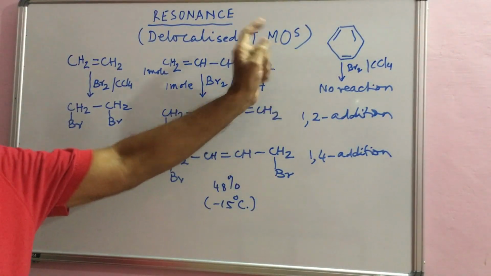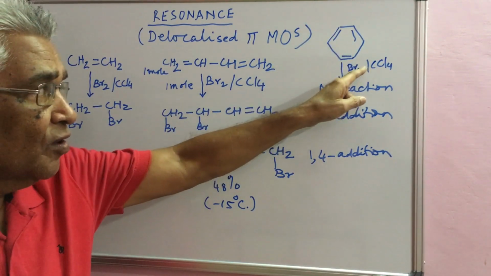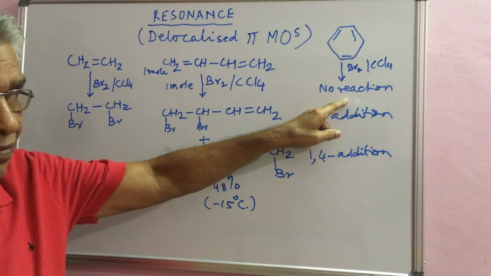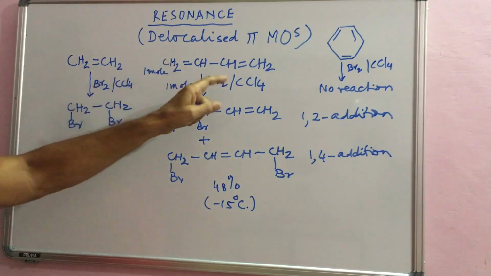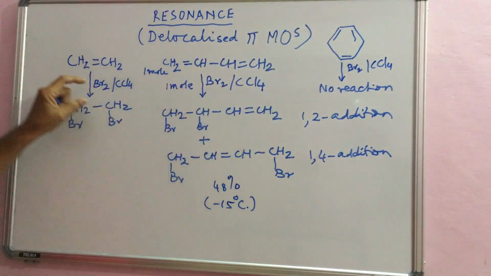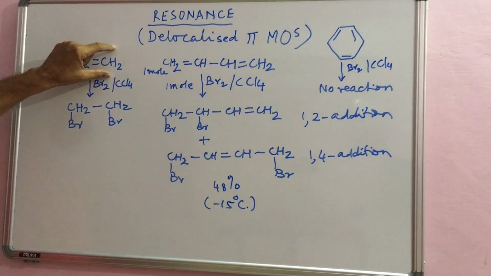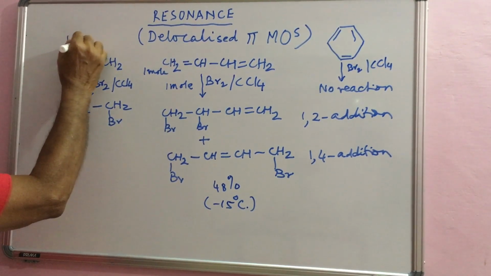This is not explained. 3 double bonds and unsaturation, yet no addition reaction. So, let us see what happens with these double bonds here and here. We will call this double bond a localized double bond.